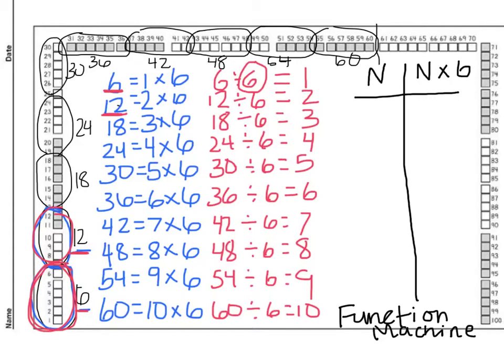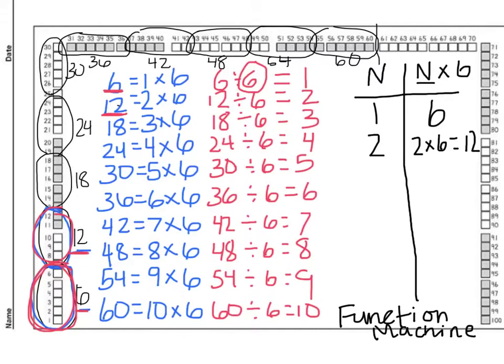For example, if we put a 1 into our function machine, it changes this equation to 1 times 6 equals 6. And so the only number we actually have to put over here is a 6, because if we put a 1 in, it becomes 1 times 6 equals 6. So if we put a 2 in, the 2 takes the place of the n, and we have 2 times 6, and that equals 12.